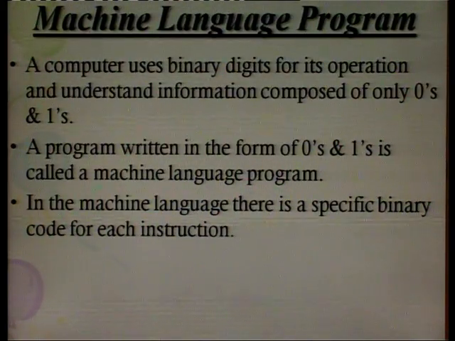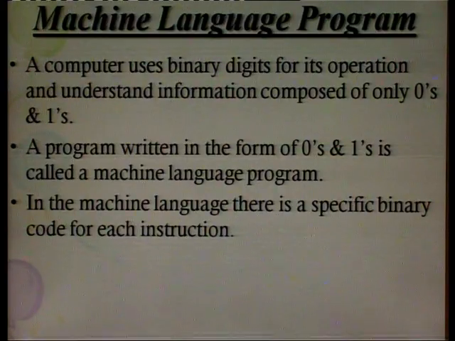In machine language, there is a specific binary code for each instruction. Now, if we talk about the 8085 microprocessor, it is an 8-bit microprocessor. So, the total number of instructions in the instruction set can be 256, but we have 244 instructions available to us, and there are 74 operation codes.